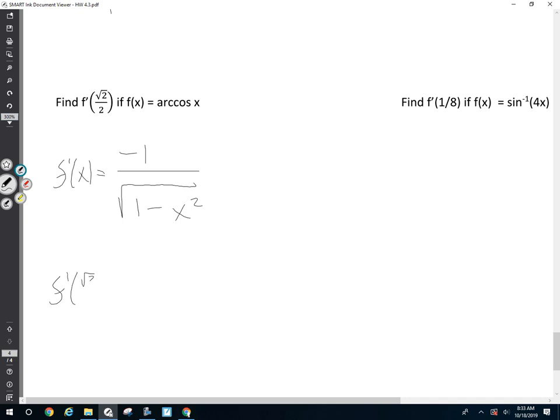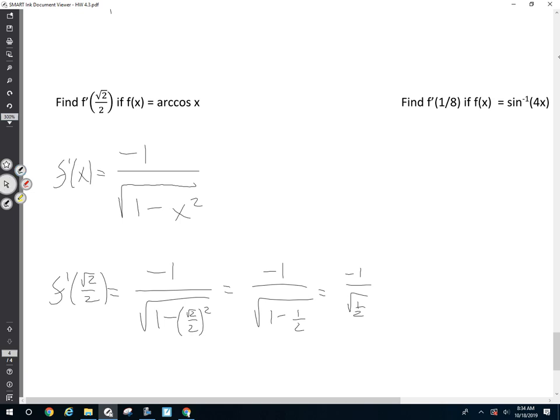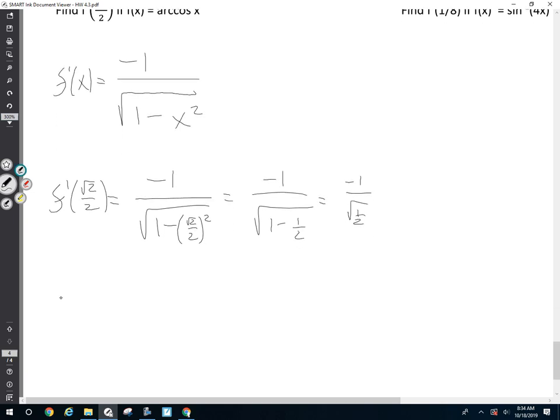F prime of root 2 over 2 is -1 over root 1 minus root 2 over 2 squared. Root 2 over 2 times root 2 over 2 is 2 over 4, so that's 1/2. So this becomes -1 over root 1/2. Watch what I can do here. I got -1 over 1 over root 2. This can simplify to be negative root 2.